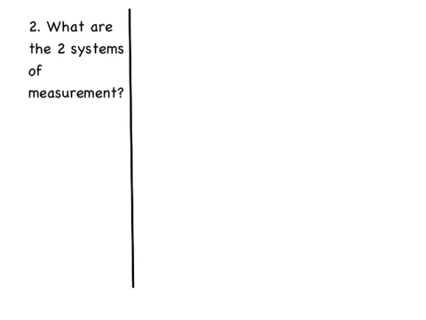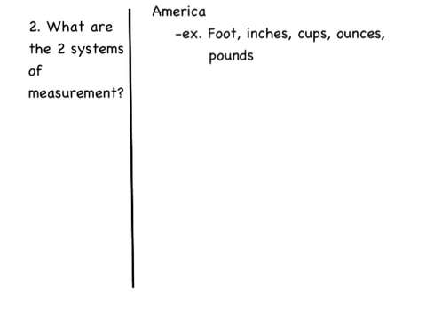Our second question is, what are the two systems of measurement? Here in America we have what's called the English system, and in the English system we have measurements such as feet, inches, cups, ounces, pounds. But in most of the rest of the world, they have what's called the metric system, or what we call in science the Standard International, or SI, system of measurement.